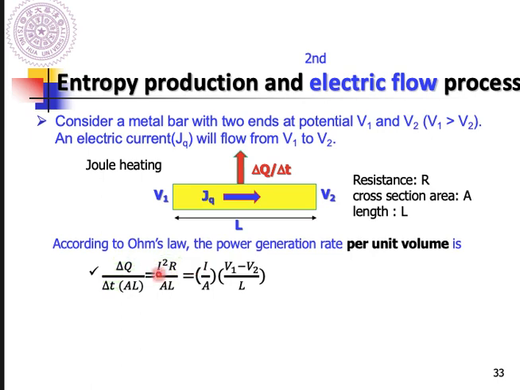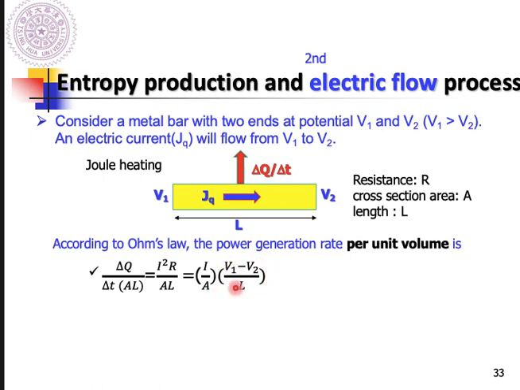Then next, I'm going to leave one I here, and the rest of the part is IR, right? IR is the V, the difference between V, so it's V1 minus V2. And I put one A here, the other L here. Why do I want to arrange them like this? Because I want to correlate this with the current density, the electrical flux, right?